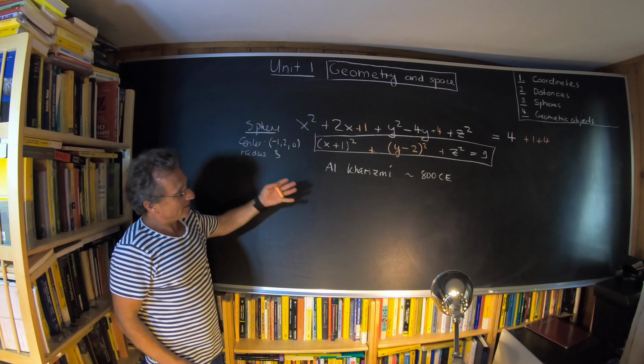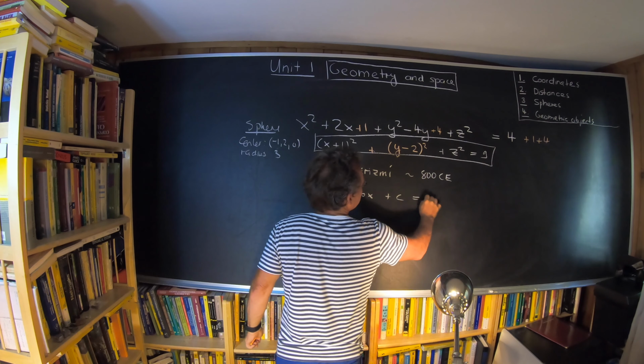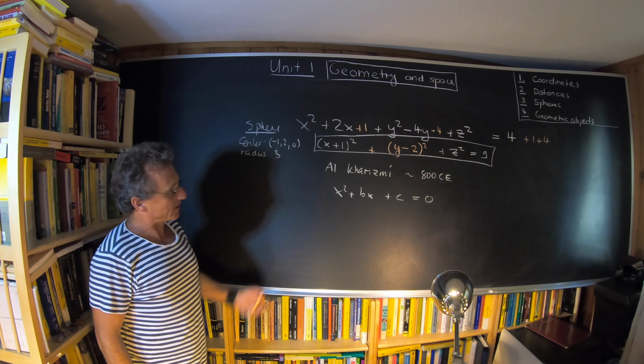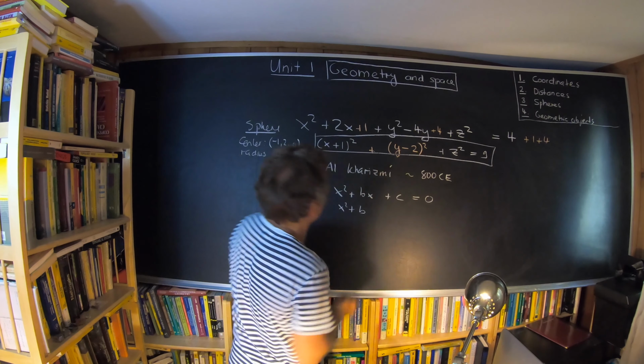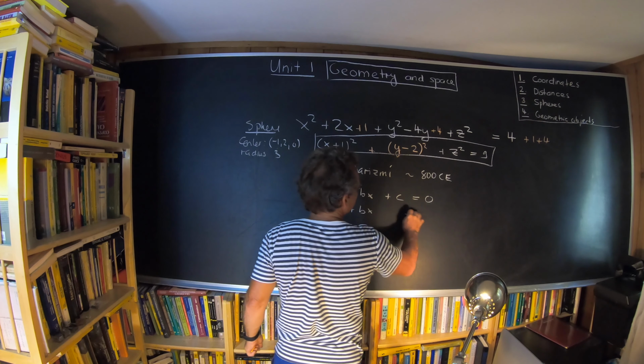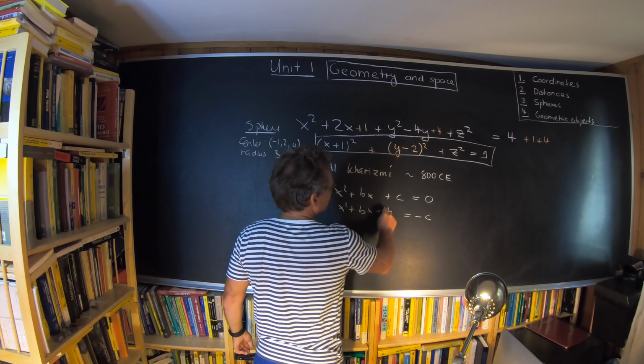So if you have x squared plus bx plus c is equal to 0, and we want to solve this, what we can do is write x squared plus bx is equal to minus c, and then do this completion of the square idea.